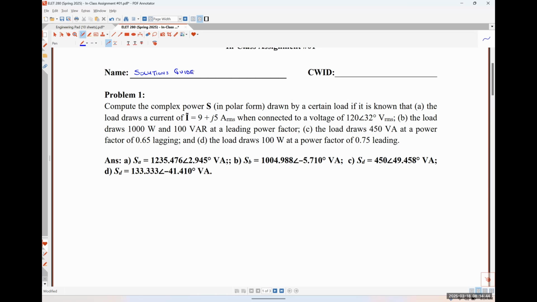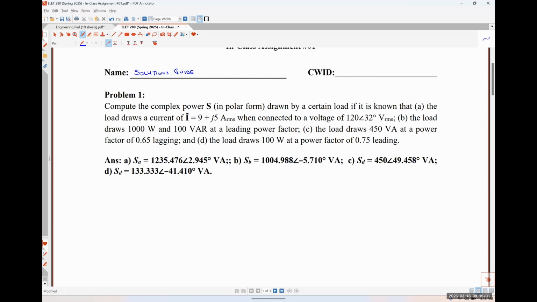In this first problem, we are simply asked to determine our complex power, specifically in polar form, for various loads given the conditions in parts A through D of this problem.